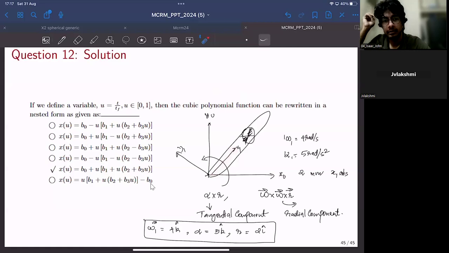What is the cross of K and I? K cross I is J. So alpha cross R would be 5K cross 2I, that'll be 10J, right?